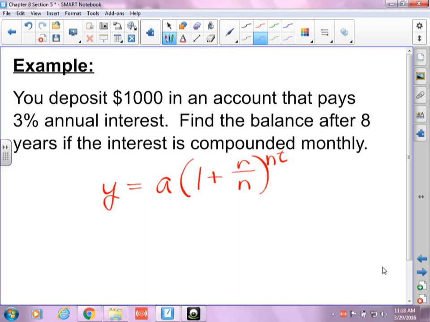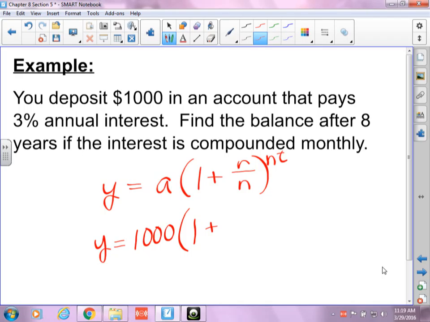Is this okay? Yeah. So Y equals, what's my A? 1,000. Don't just start plugging numbers into nothing. Make sure that you have the original equation there. All right? Then 1 plus, what's my rate?